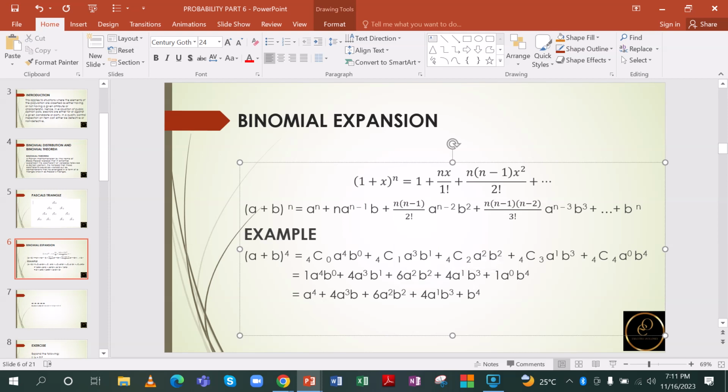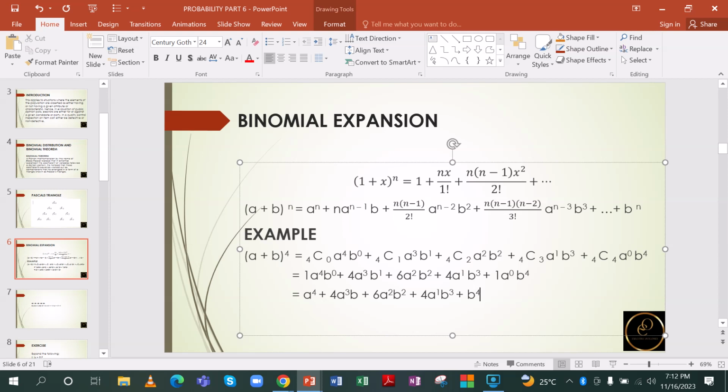Then the combination of 4 items taken 3 at a time gives you 4 again, so 4 times a times b cubed. The last one, a combination of 4 items taken 4 at a time, gives you 1, which is 1 times a raised to power 0 times b raised to power 4.